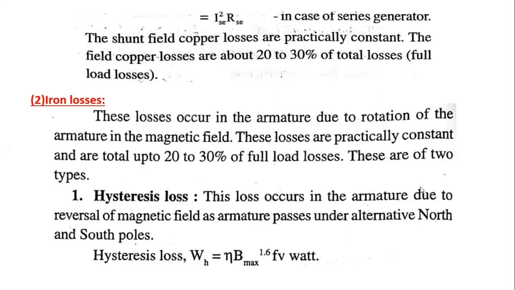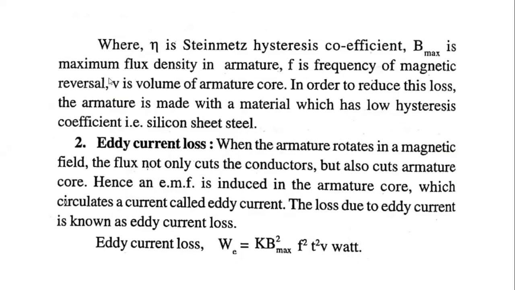Next, coming to the eddy current losses. These losses are obtained when the armature rotates in the magnetic field. The flux not only cuts the conductor but also cuts the armature core. Hence, an EMF is induced in the armature core which circulates currents called eddy currents.